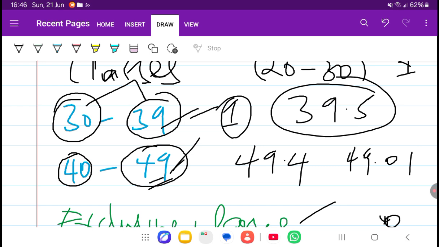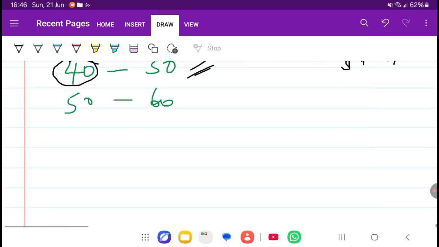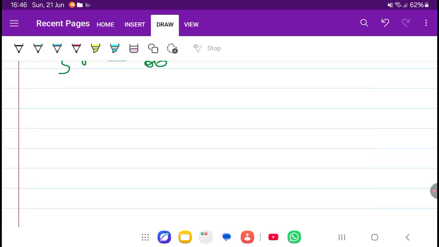So we've looked at the exclusive classes and the inclusive classes, but we had one last class which we called the open-ended classes.